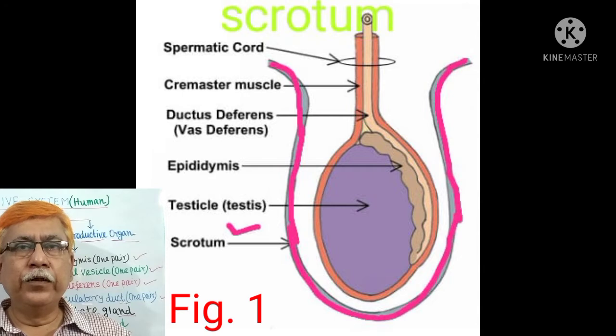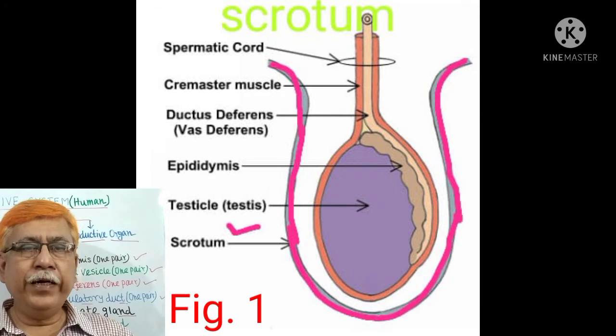These two testes are housed in the scrotum, a pouch-like structure made up of skin and muscles, and situated at the base of the penis between two thighs. Look at figure 1, find the scrotum and try to understand the relationship between scrotum and testis.